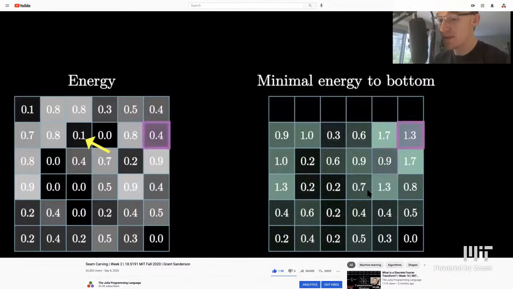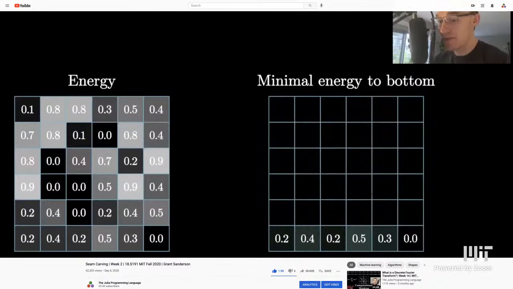Now, as far as how we actually form this, we do it from the bottom to the top. So the first step is going to be to simply copy that bottom row, since once you're at the bottom, that's the best that you can do. Whatever the energy of the pixel that you're on, that's going to be the minimal total path. And then for each pixel above it, all we do is say, what's the smallest number below you?